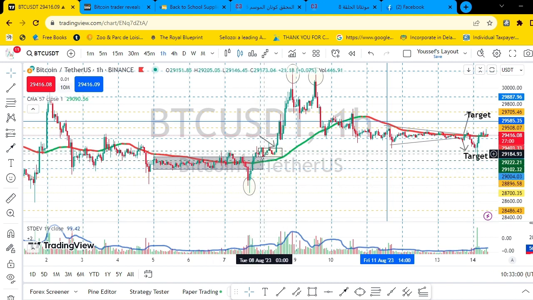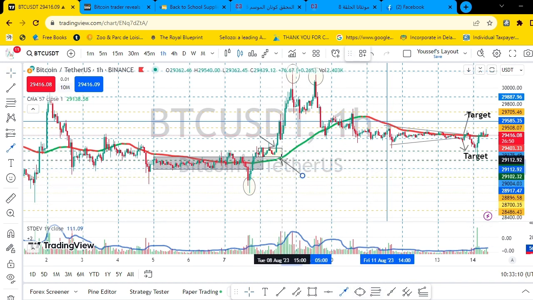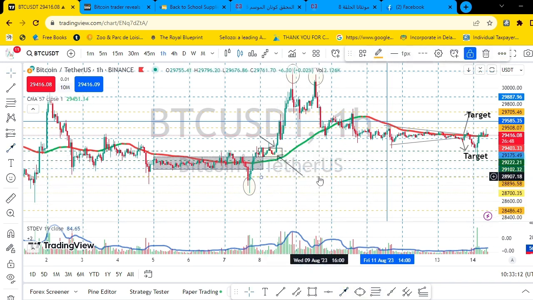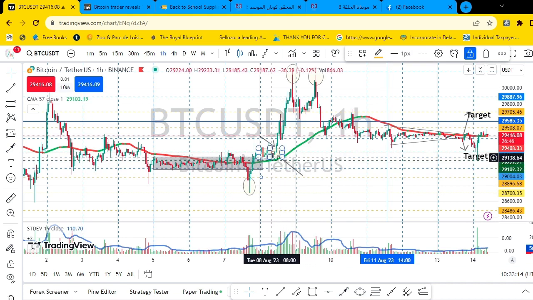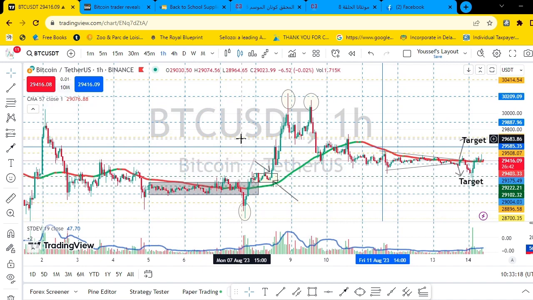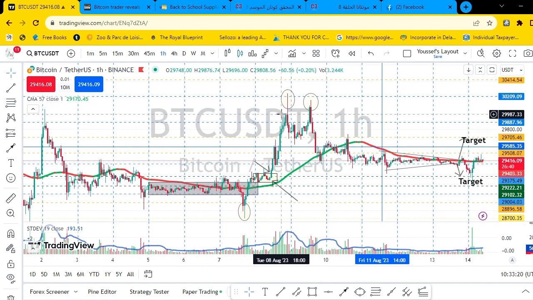Then it's better to wait for a retest and pullback, and then you can place your trade right at this level. You can buy from this lower price and then wait for the maximum profits.